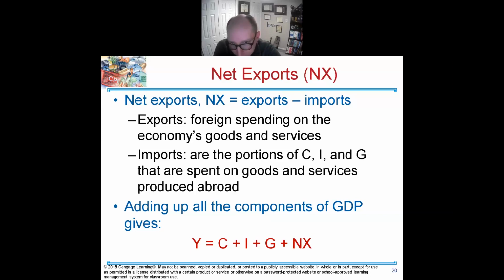So, exports minus imports equals net exports. And I could already hear you asking the question, Dr. B, can this be a negative number? Yes, it can be. When it's a negative number, you don't add it, you subtract it from the other three components.